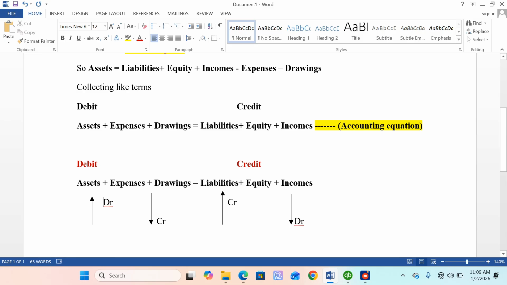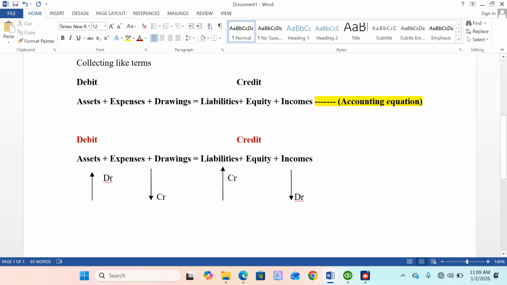But whenever an item on the debit side reduces, we credit it. On the other hand, whenever items on the credit side increase, we credit them. Whenever they reduce, we debit them.